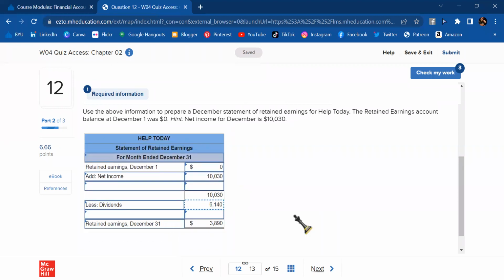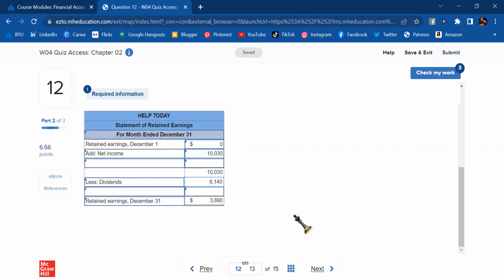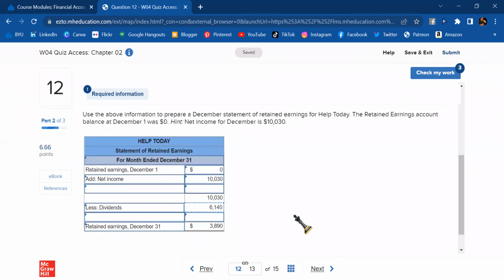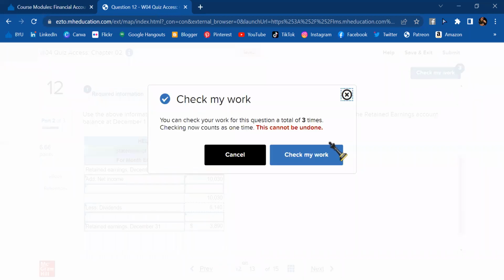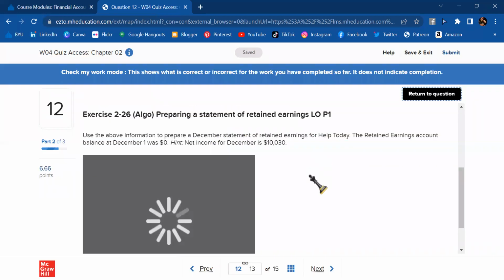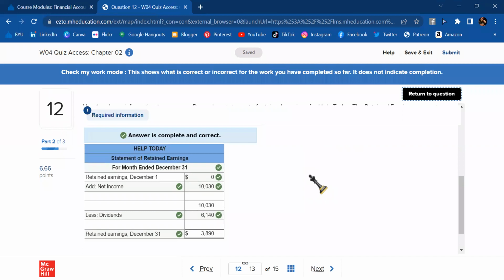That should do it. So there's our statement of retained earnings right there. That one's looking pretty good. Let's check it. Sorry, I kind of talk to myself weird when I'm doing this. Yeah, that looks good.